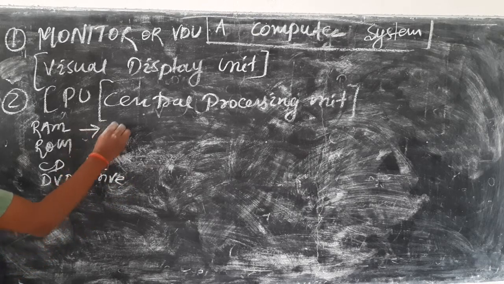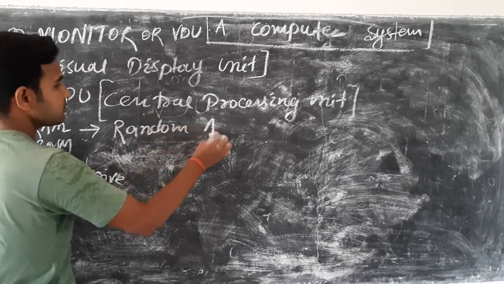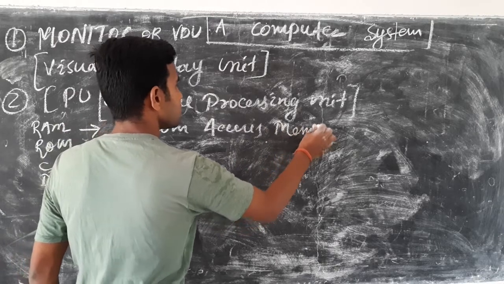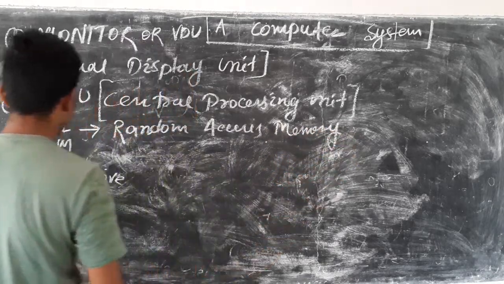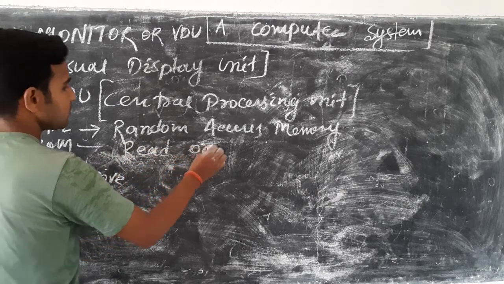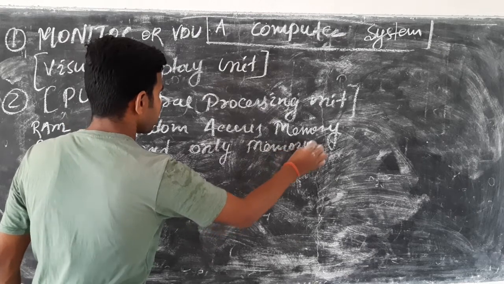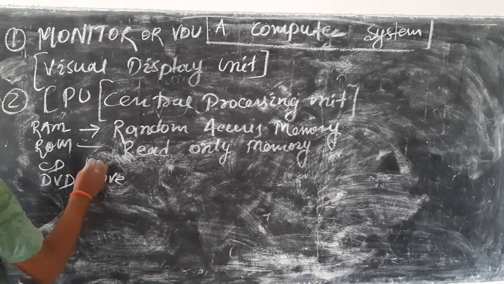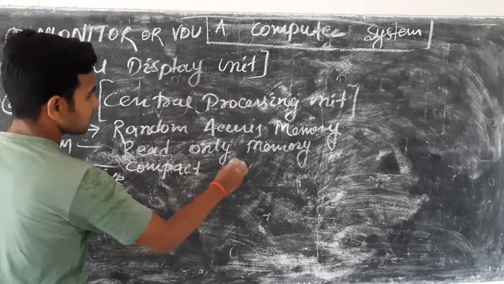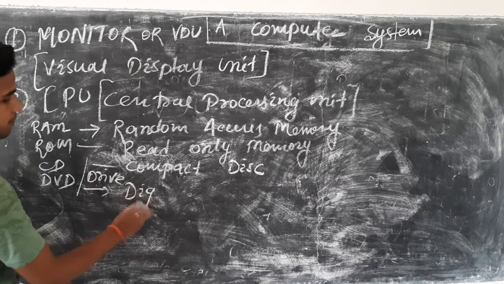RAM stands for, you must have read, just taught, random access memory. ROM stands for read only memory. CD stands for compact disc. DVD stands for digital versatile disc.